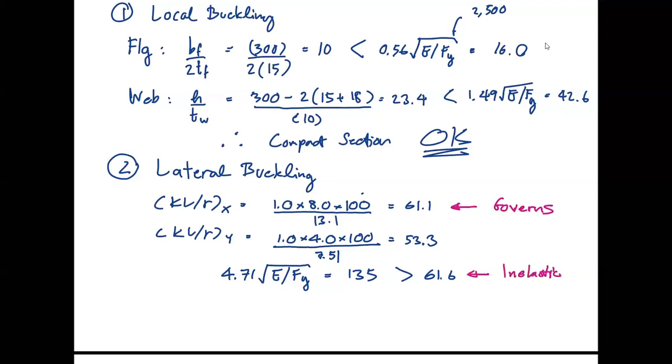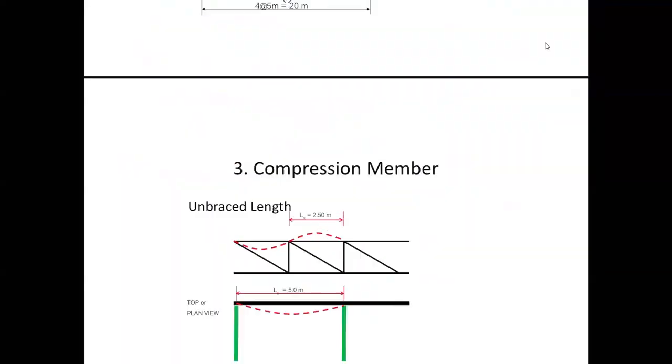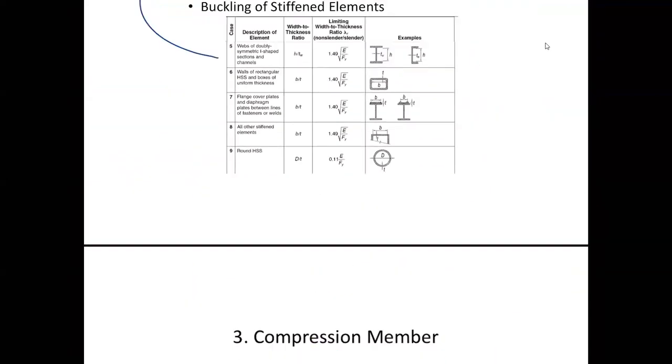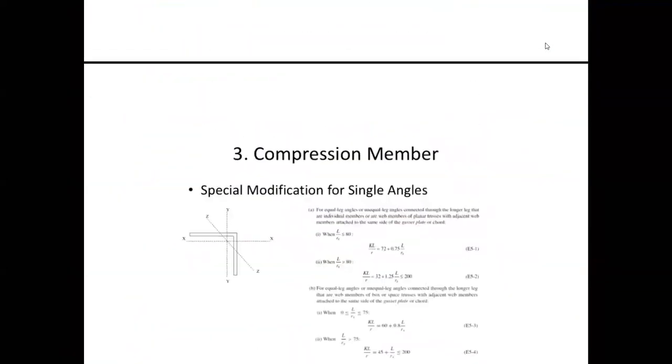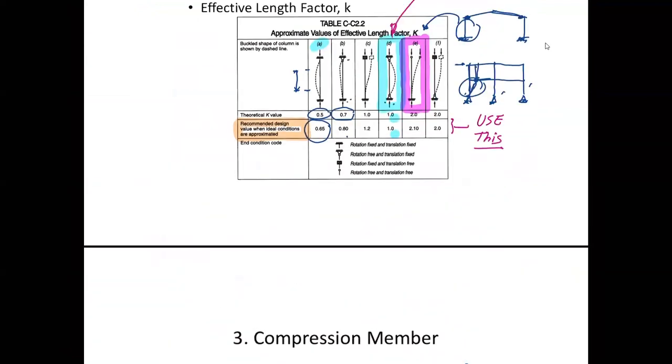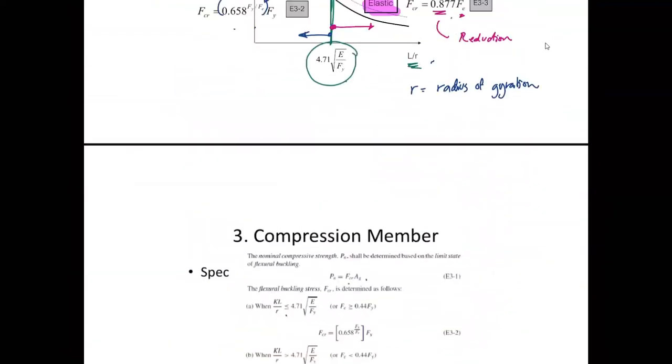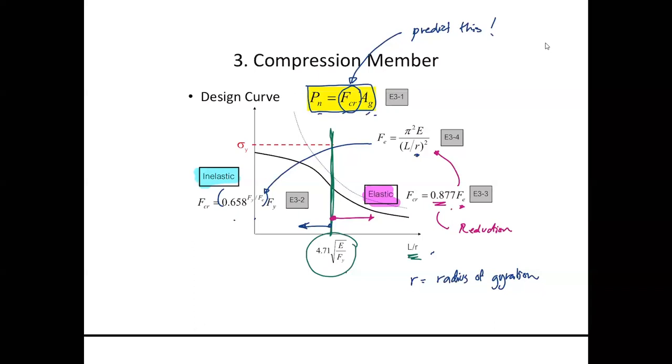I can go back and show you this. We design or predict the strength of the column based on this curve. Your column will buckle when it reaches that load.